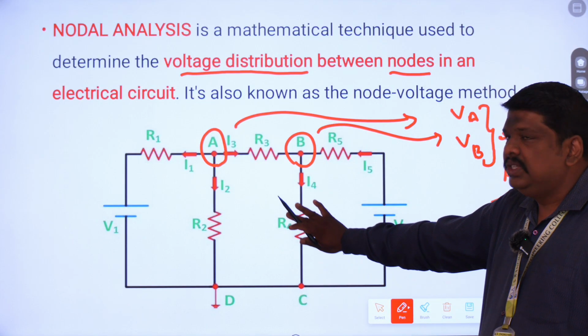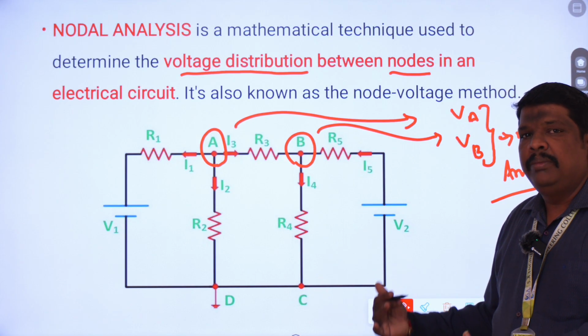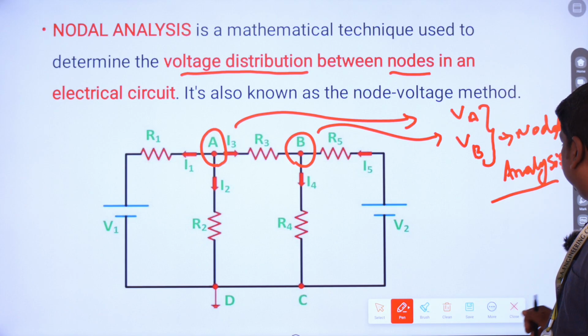This is a simple circuit which has only two nodes. In electrical circuits we can have n number of nodes, and for n number of nodes we can find the voltage distributions.